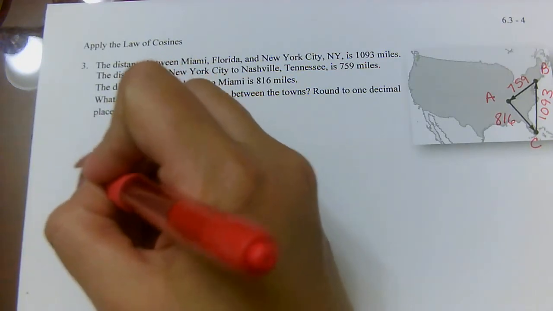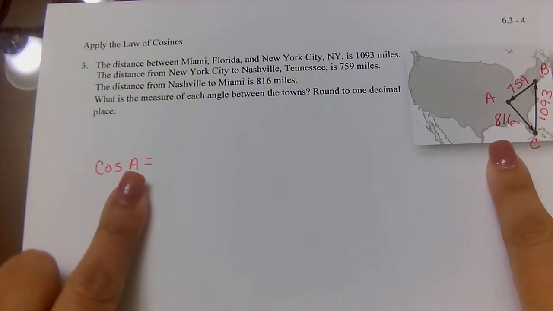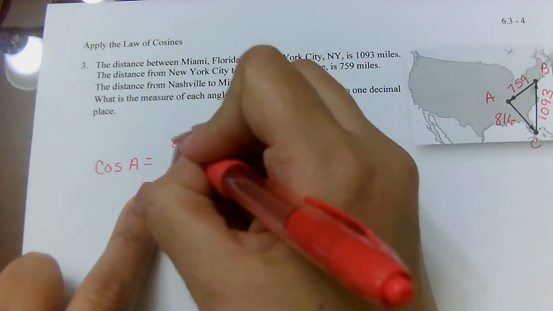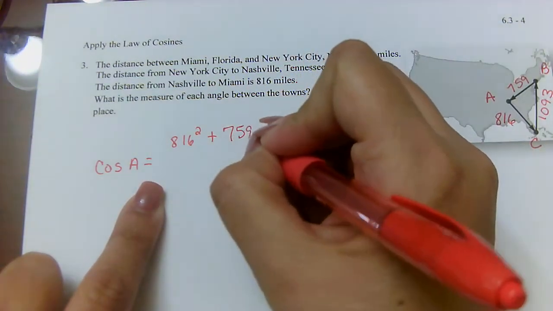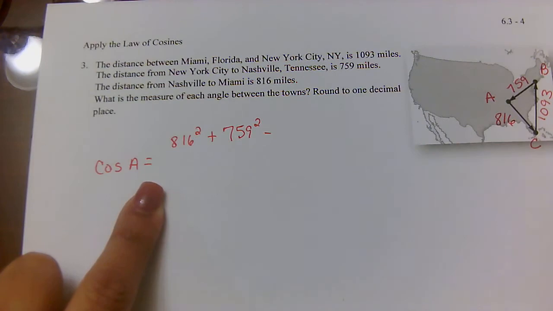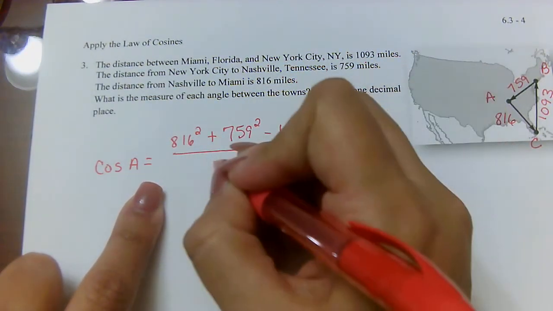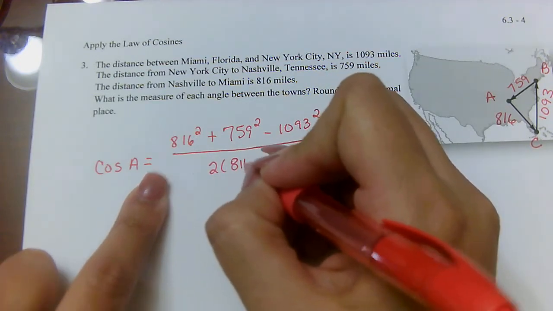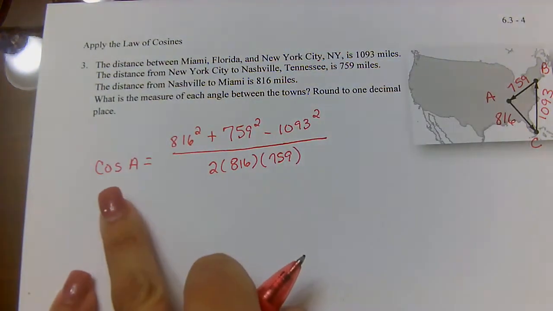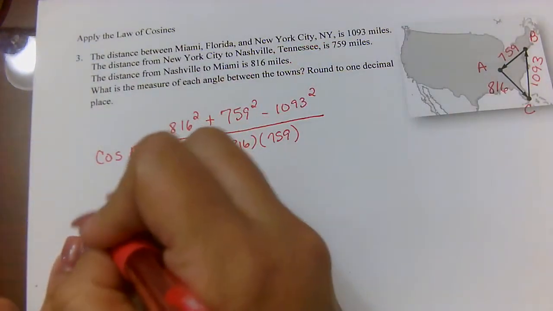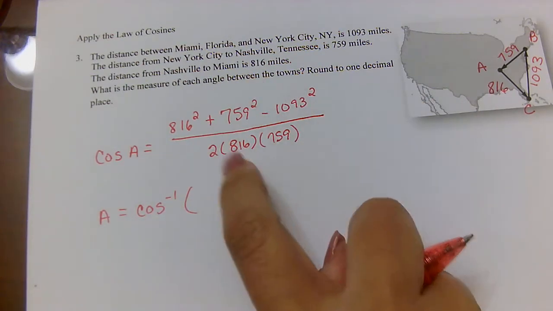Okay, cosine of A is going to equal B squared, which is 816 squared, plus C squared, 759 squared, minus A squared, which is 1093 squared. All of that divided by 2 times 816 times 759. Okay. Remember, take the cosine over to the other side. So I'm going to do A is equal to the inverse cosine of all of this ratio.